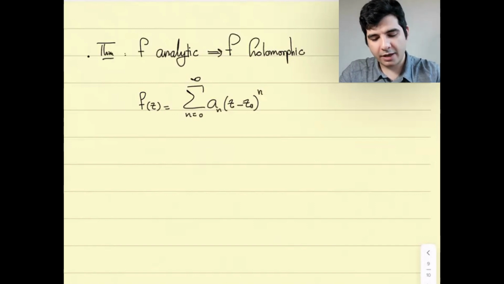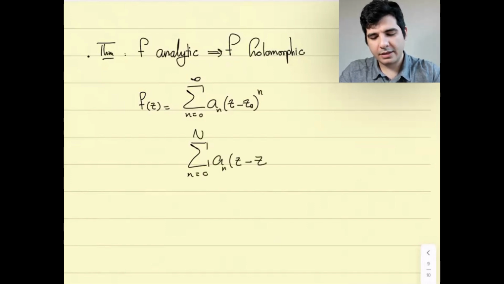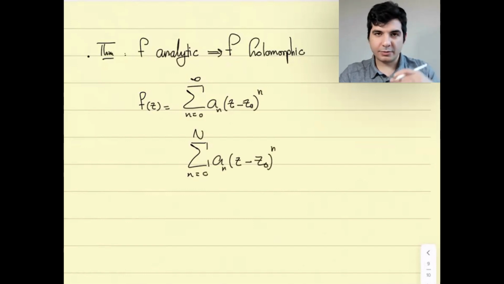Then we defined these partial sums. We said we can look at the sum, but not to infinity, just up to some n, right? If we cut it at some n, they are approximating f. They're converging to f when n goes to infinity, but they're not equal to f.